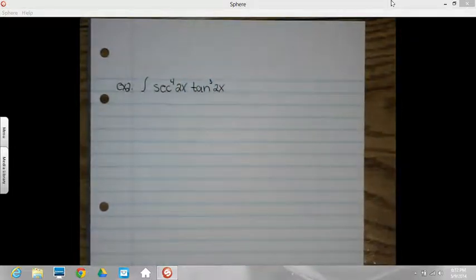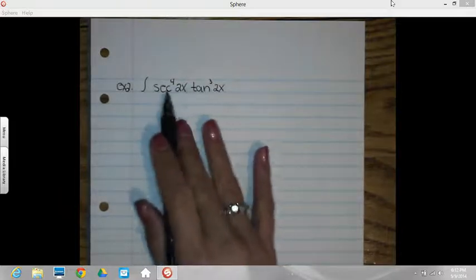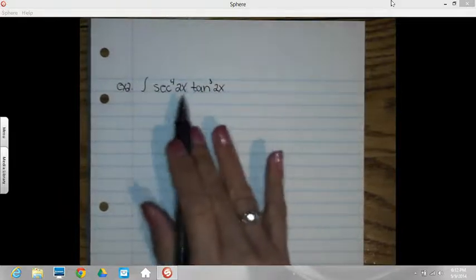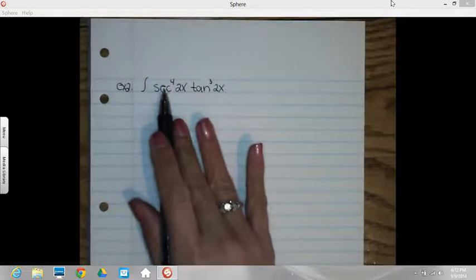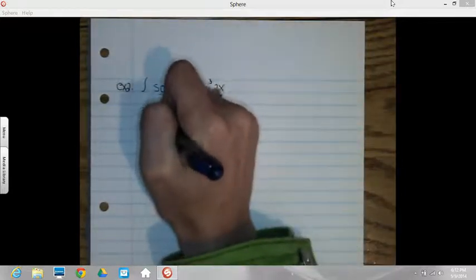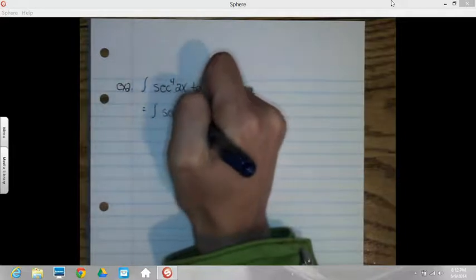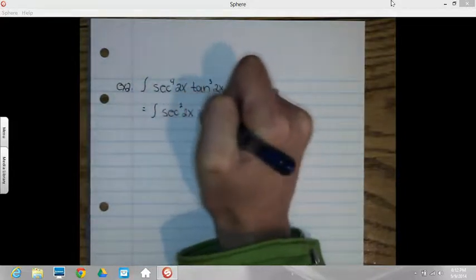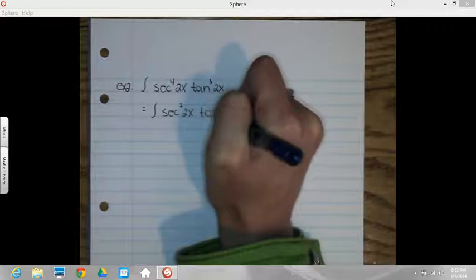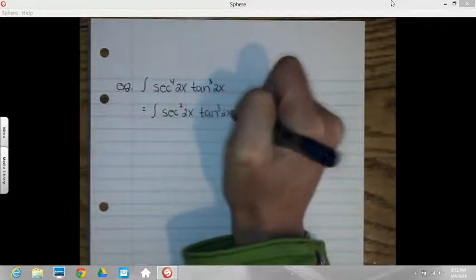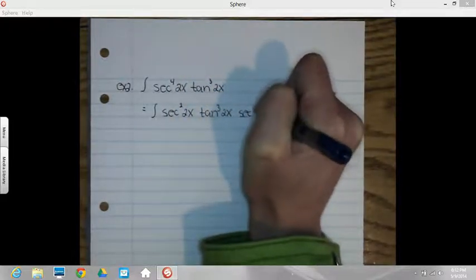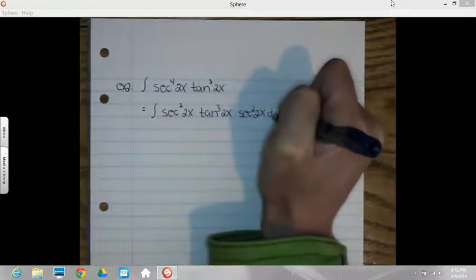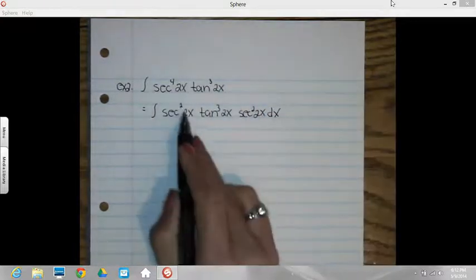And again, it's going to be paired up with tangent because one's the derivative of the other. So I'm going to steal a secant squared. That will leave a secant squared 2x, tan cubed 2x, and another secant squared 2x here next to the dx. This is the one I changed, so this is the one I'm going to substitute with the Pythagorean theorem.